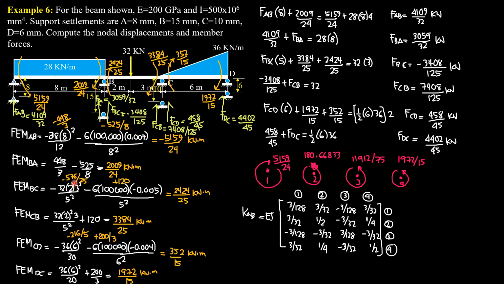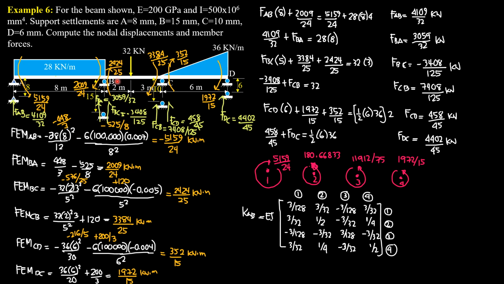The value of the first is negative 576 over 25. The value of the side sway moment, negative negative, is positive 120. So negative 576 over 25 plus 120 is 2,424 over 25 kilonewton meter. Since it is positive, it is clockwise as shown.